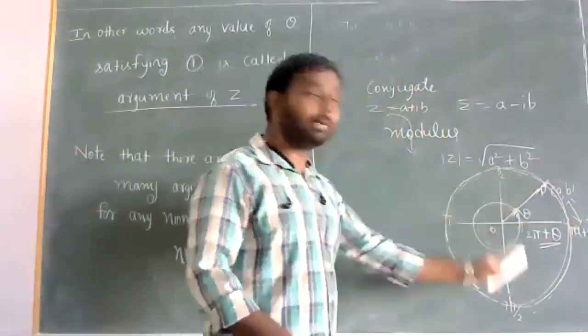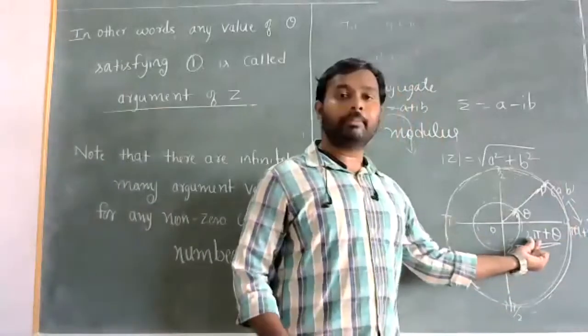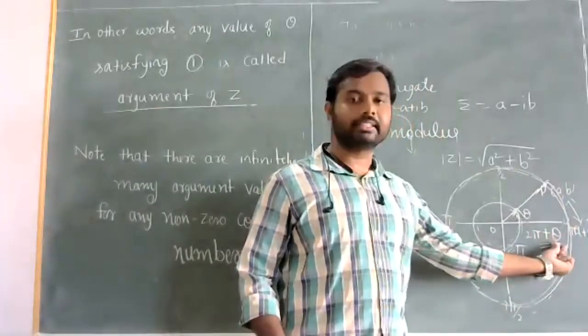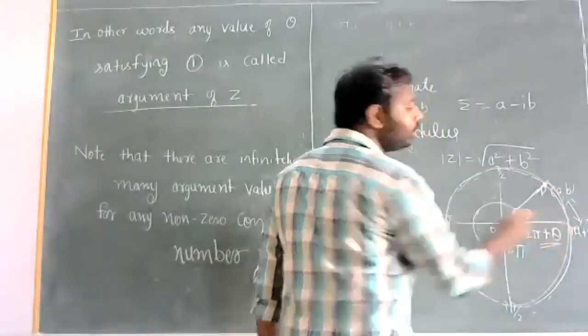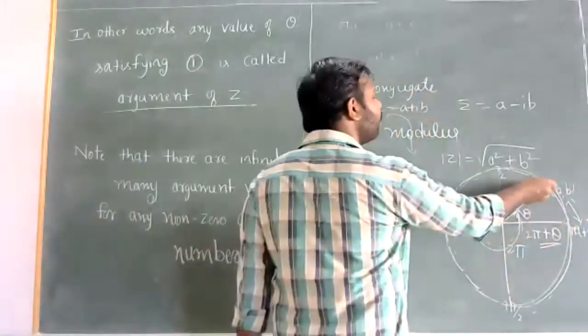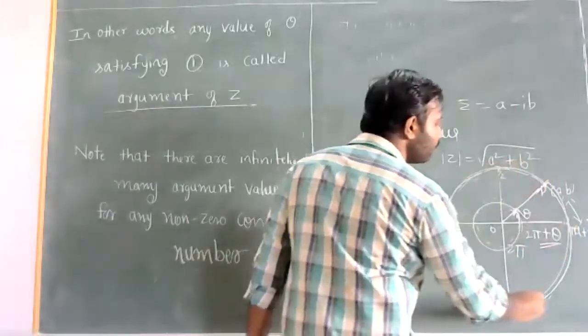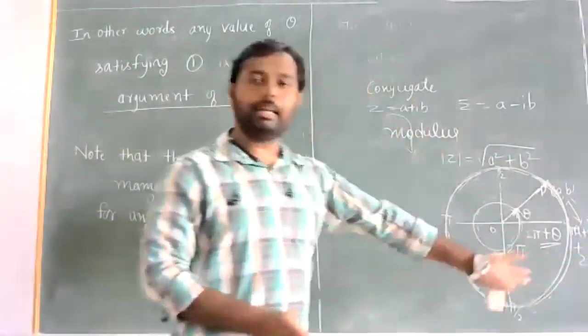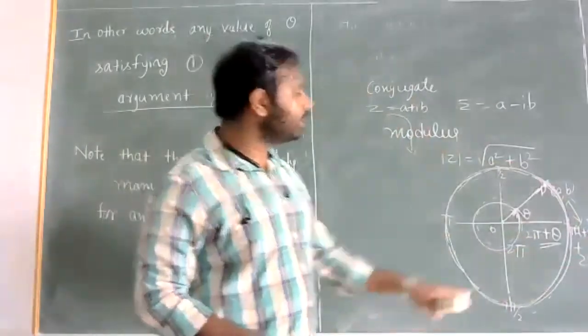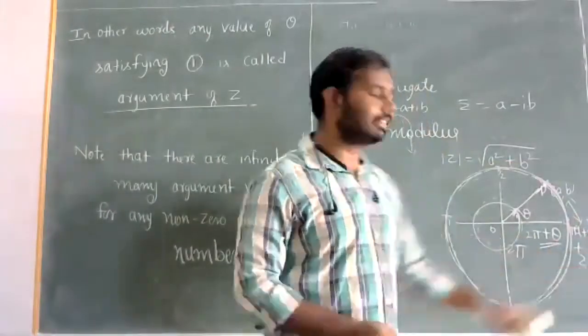So the next immediate argument value will be 2 pi plus theta. So here I am after completing 2 pi plus theta. If I go again one round, one complete circle plus 2 pi, the next immediate argument value is 4 pi plus theta.